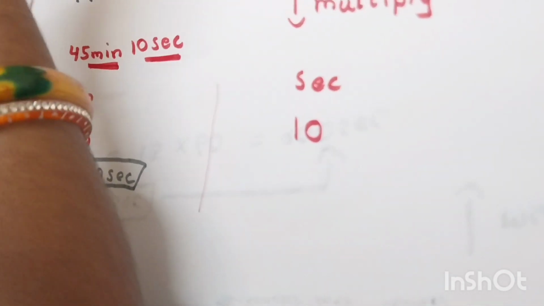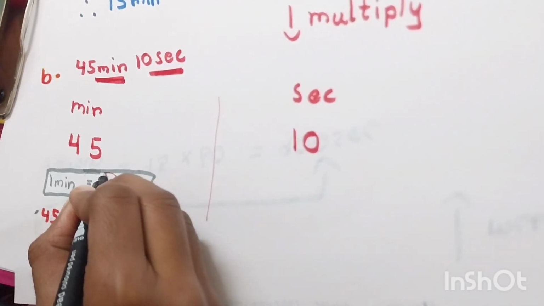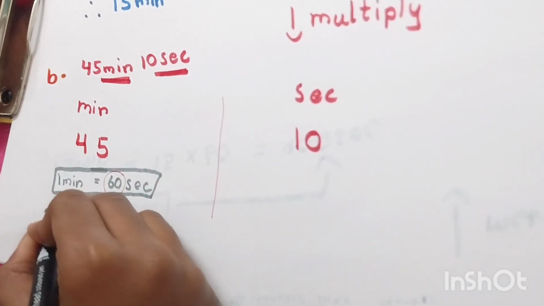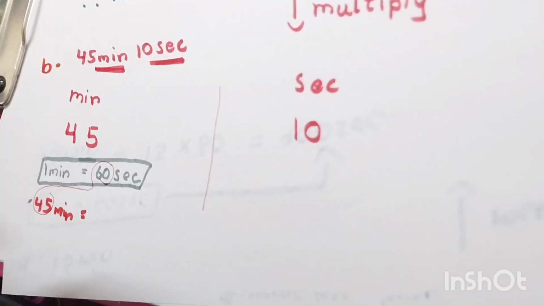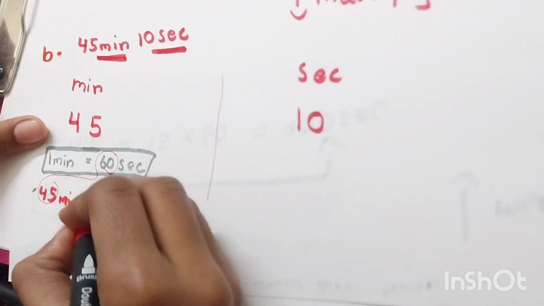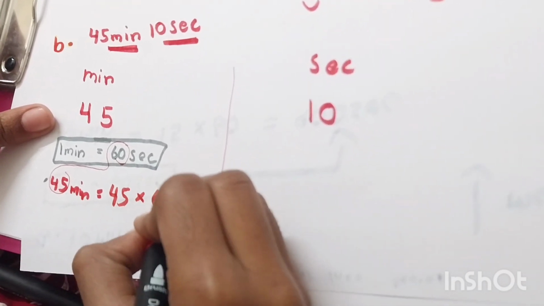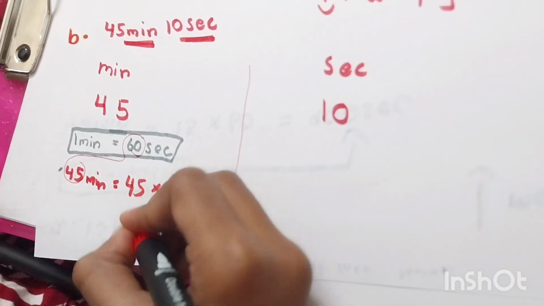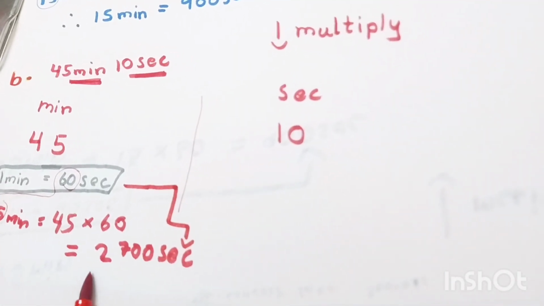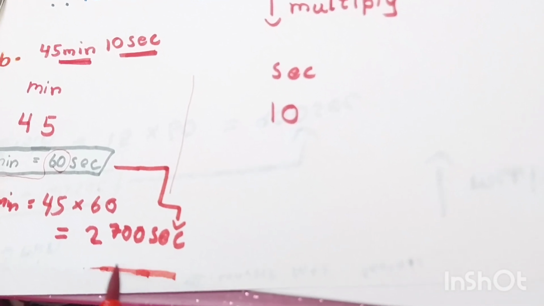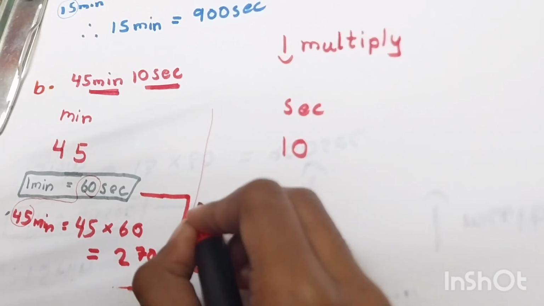Between which two values do we have to do multiplication? 45 and 60. So 45 into 60. The value of 45 into 60 is 2700. The result unit should be seconds because we are converting into seconds.